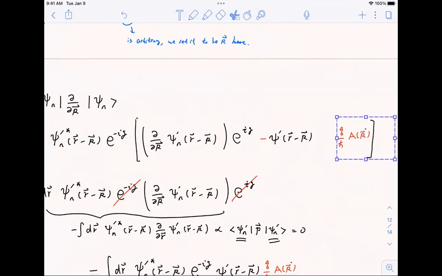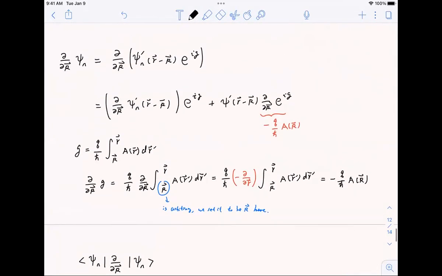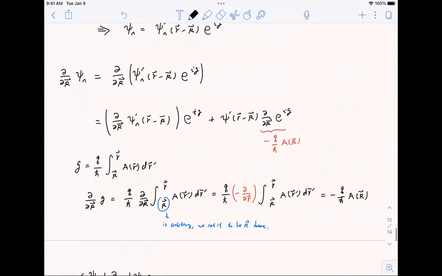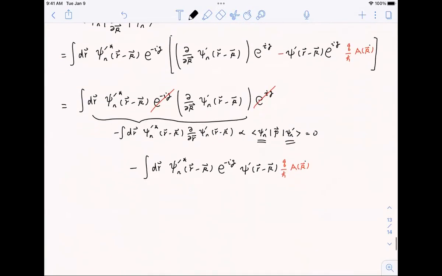Sorry, there should be a G here. This one should have a G, because this is only the derivative to get this. And by the chain rule, you have one thing here. Okay, so I'm missing one.